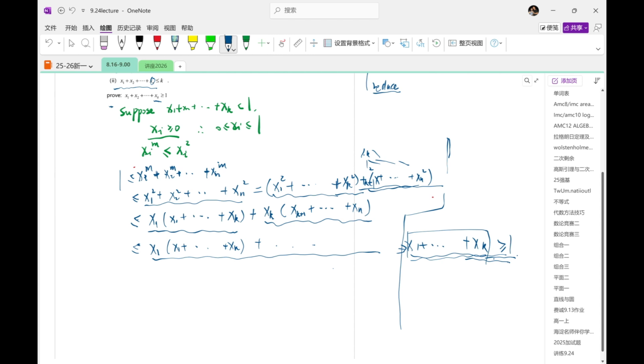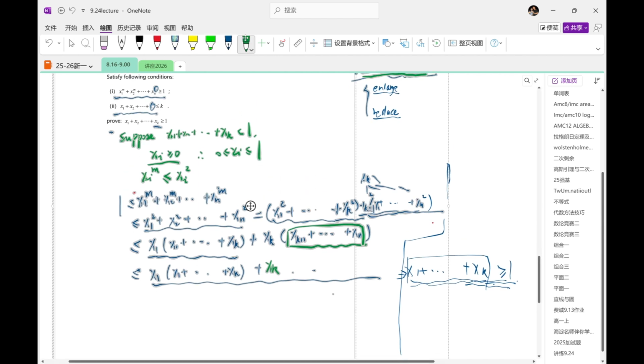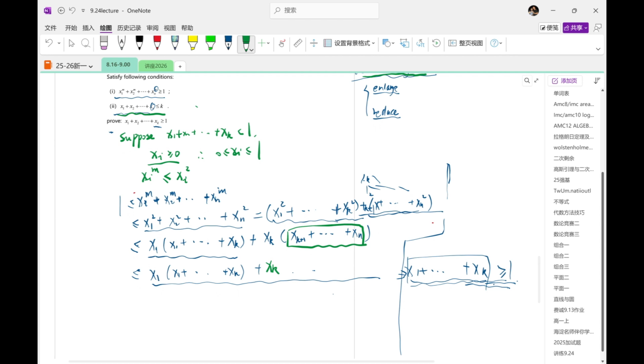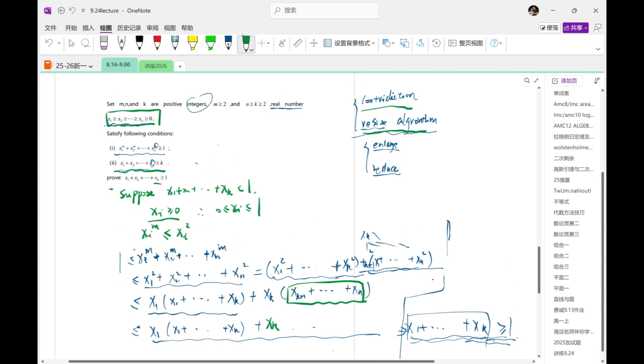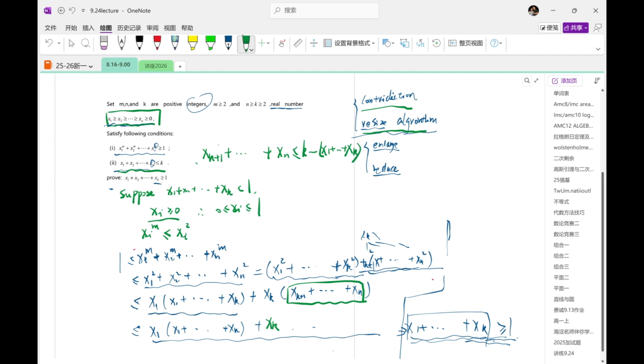So we continue to enlarge the latter part. For this part, we have another condition to use: x_1 to x_n sum is less than k. So we get that x_(k+1) to x_n sum is less than k minus x_1 to x_k.